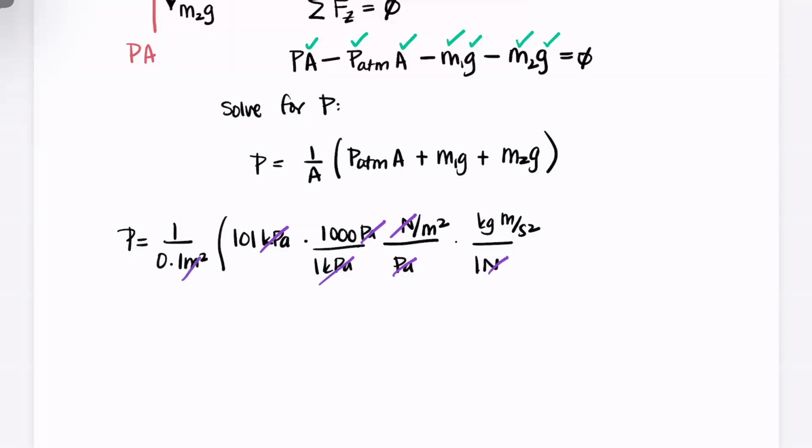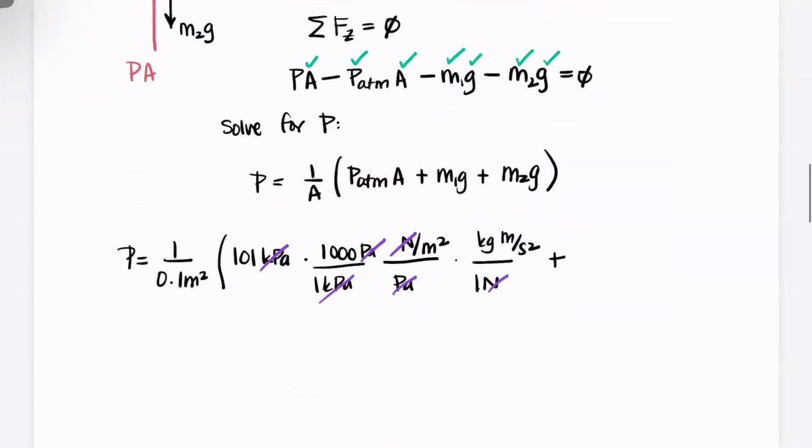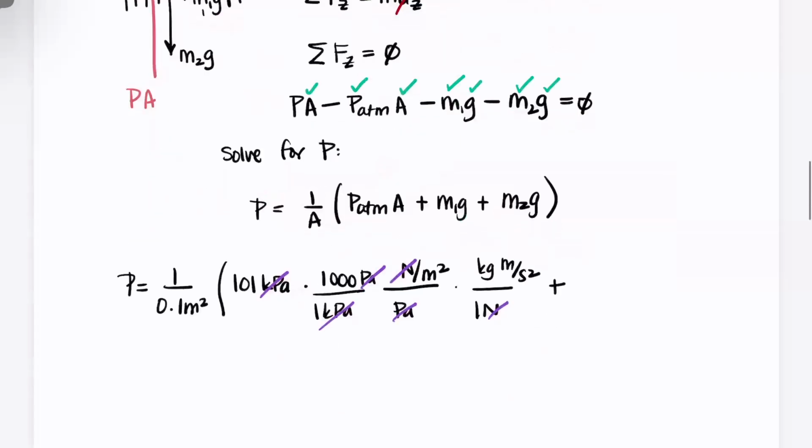And then meter squared. Okay, and then mass 1 is 10 kilograms times 9.81 meters per second squared.